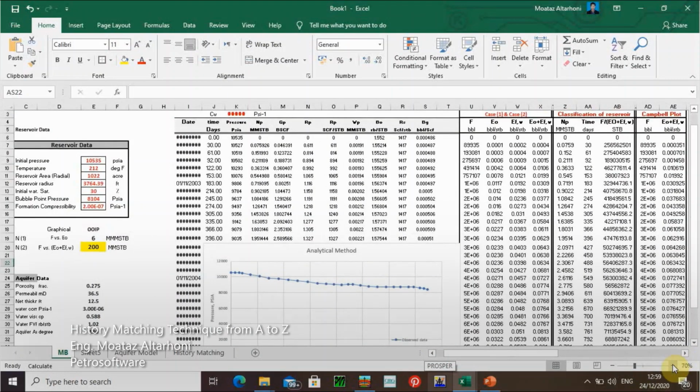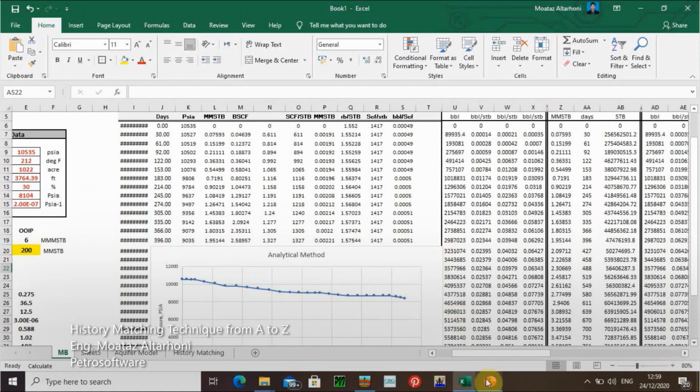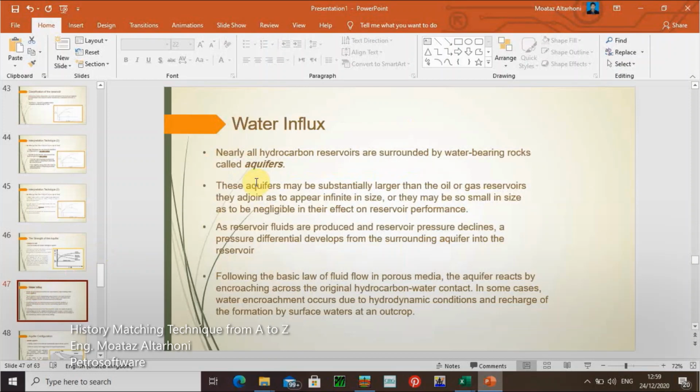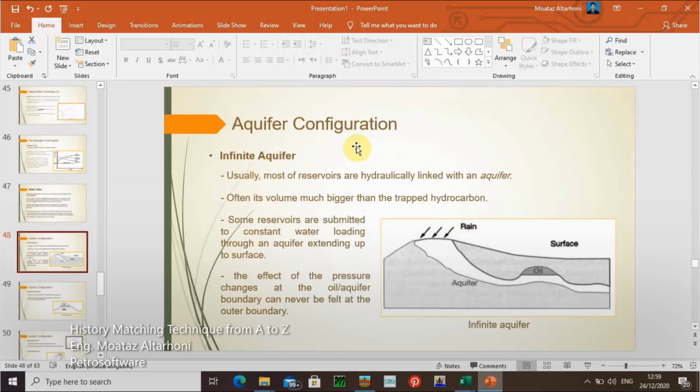Okay, now I will do one more thing. I have more information about the aquifer and infinite acting, as we can see here in our case. The case will be infinite acting. That means the water may be connected to the surface or any other unlimited sources.